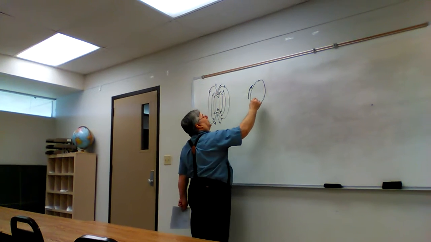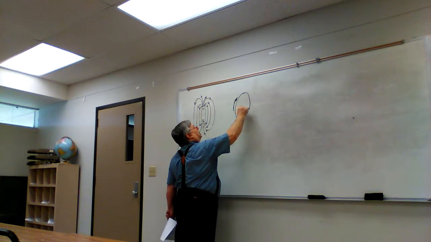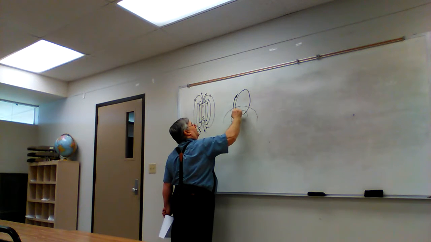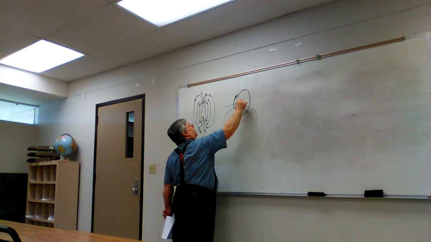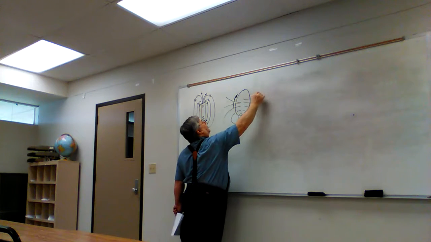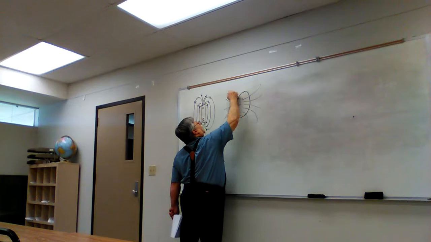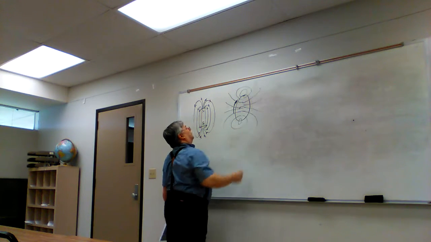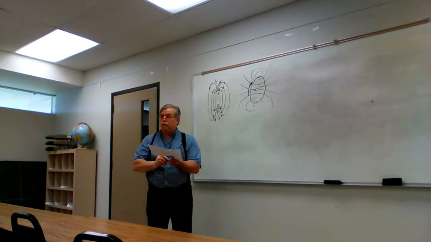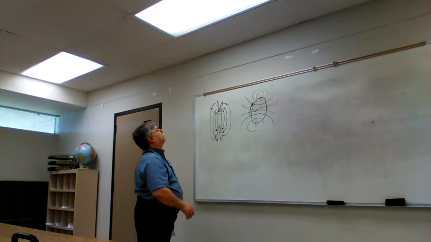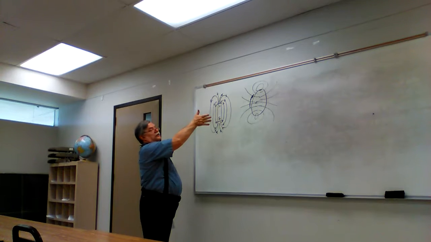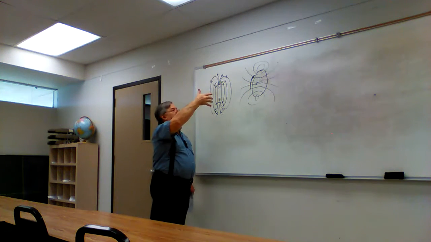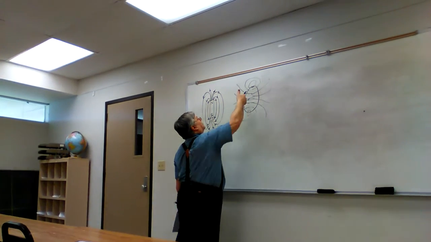How does the magnetic field go? Do one of the right-hand rules. Which one? Thumb goes in the direction of the current. Fingers turn in the direction of the field. So the field is pointing through the loop this way.